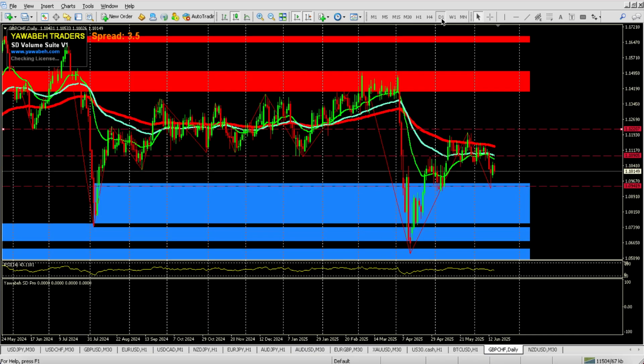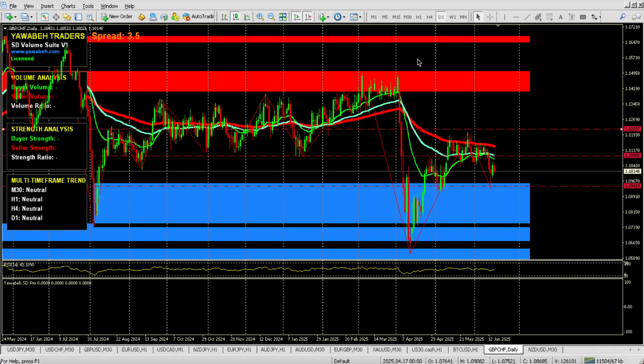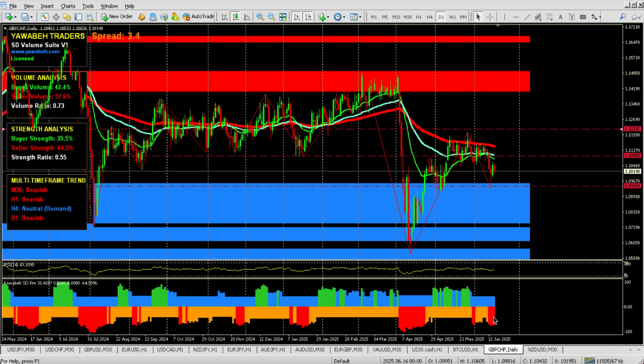Following the higher time frame, the daily, we can see strong red bars forming. That is the Yawabeh volume suite, revealing the hidden supply and demand zones before the price action happens.